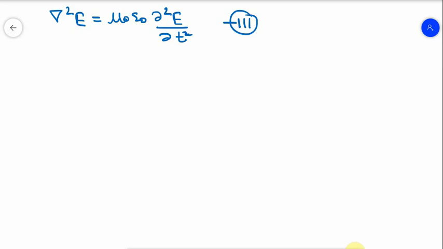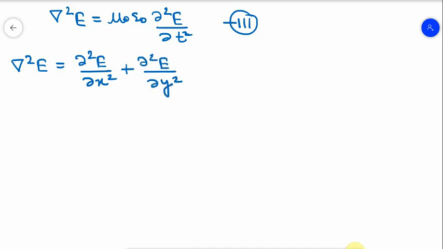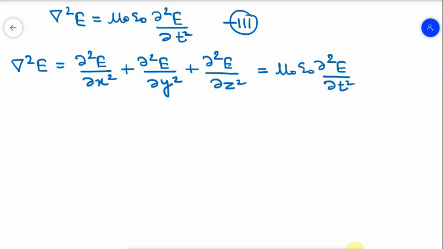If we expand this del 2E, we can write del 2E equals del 2E upon del x square plus del 2E upon del y square plus del 2E upon del z square. And this is equal to mu 0 epsilon 0 del 2E upon del t square. Let us put this as equation 5.